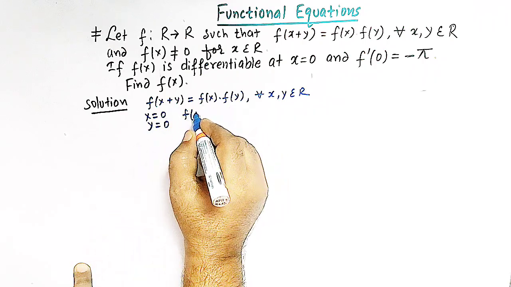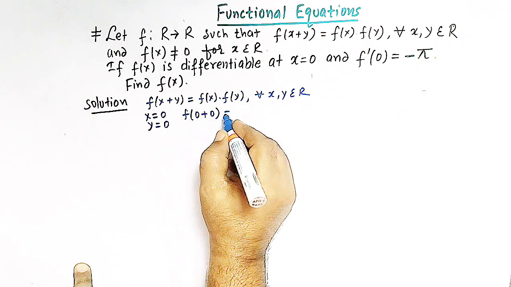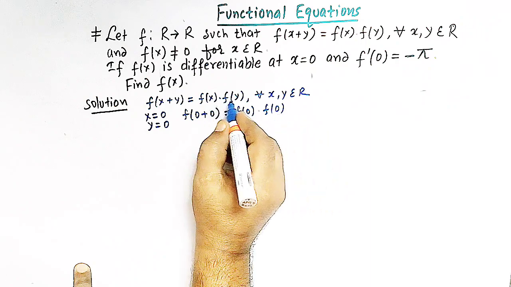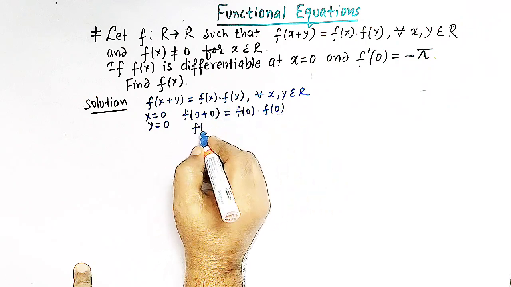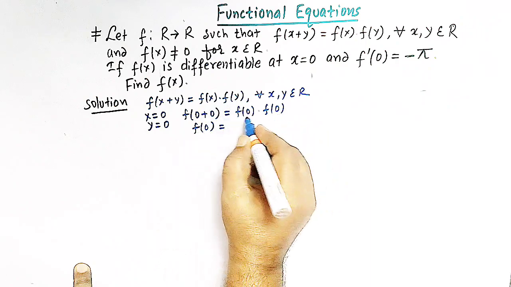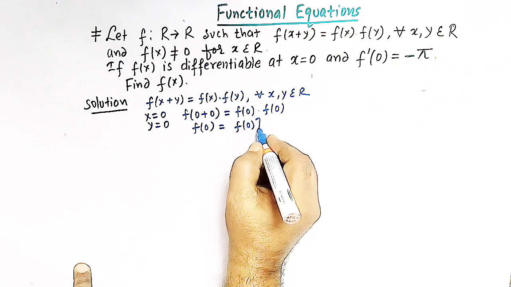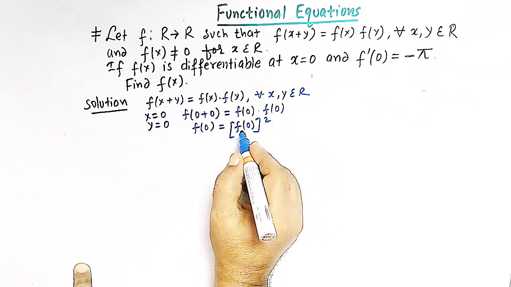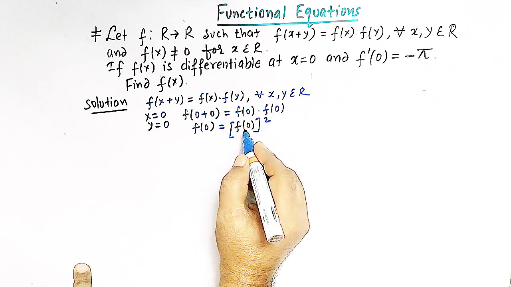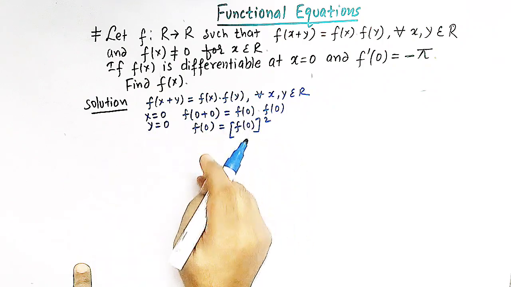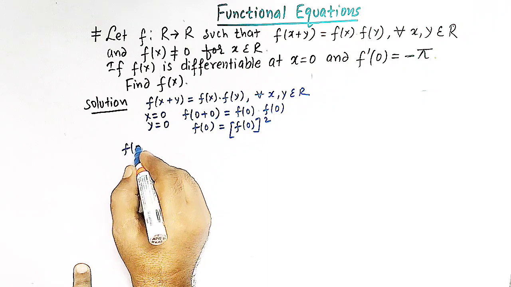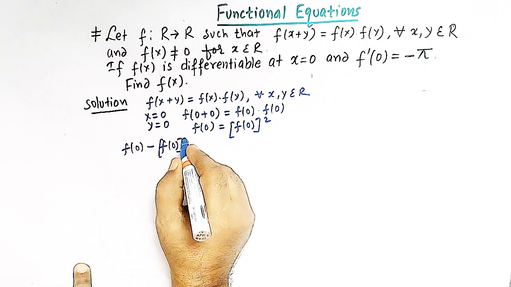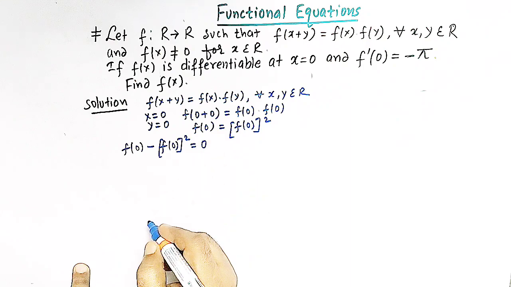So we have f of 0 plus 0, and here we have f of 0, and here we have f of 0. So this is f of 0, and here we have the square of f of 0. Now we can take the square of f of 0 to the left hand side. So we have f of 0 minus f of 0 square, and this is equal to 0.